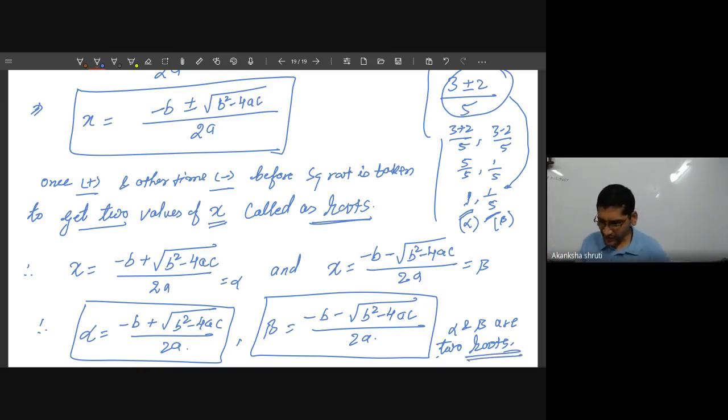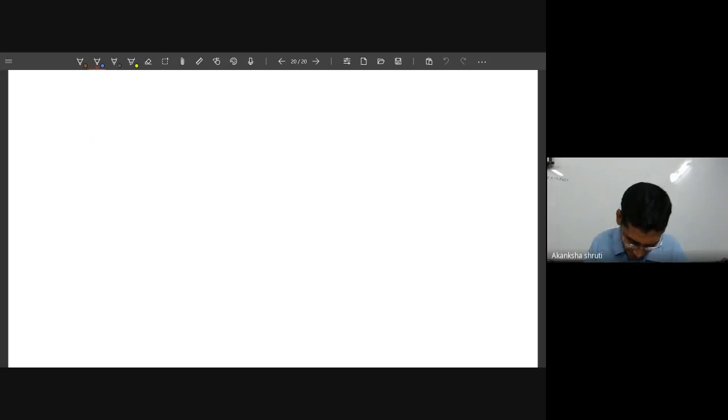So this way the value of alpha and beta, meaning the value of x, can be calculated directly by substituting in this formula. Student, this is a very important formula and a lot of analysis is there. I will explain each and everything one by one. Let us understand a bit more. Whatever x we have calculated, minus b plus or minus, both can be written together, under root of b square minus 4ac by 2a.